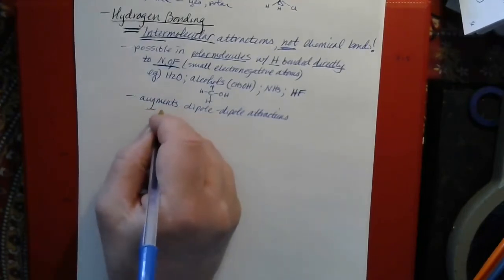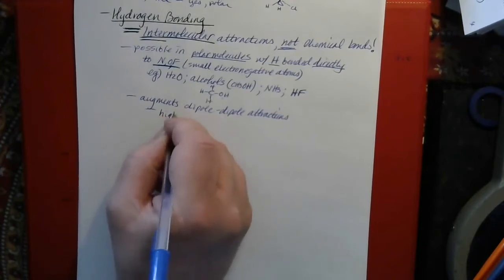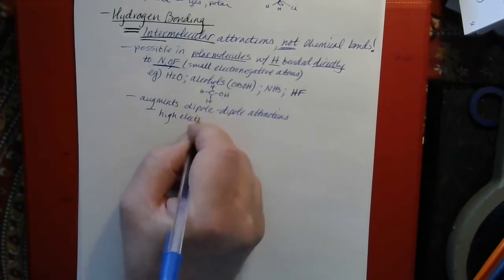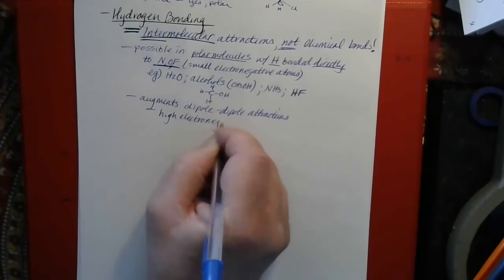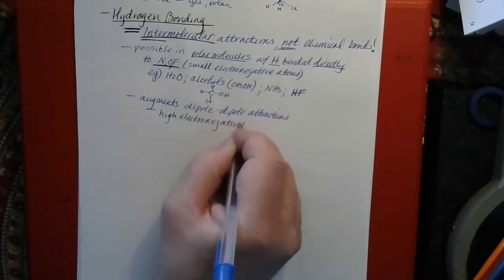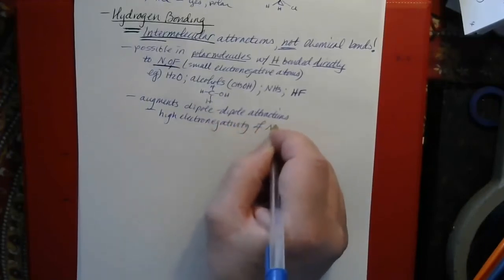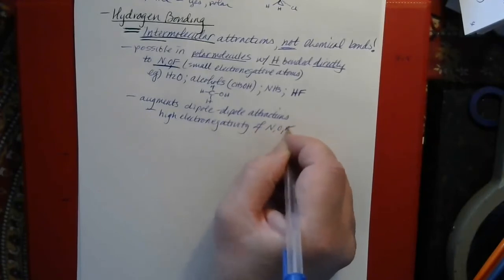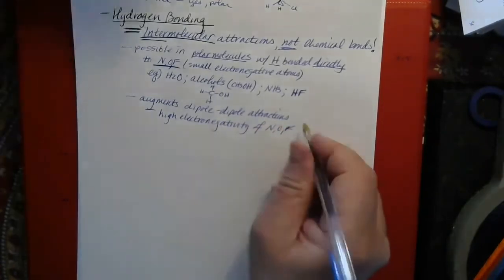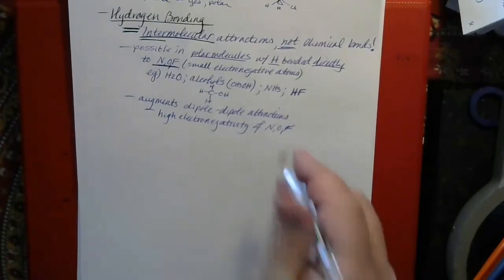The way it does this is that the high electronegativity of the nitrogen, oxygen, or fluorine draws extra electron density away from the hydrogen.